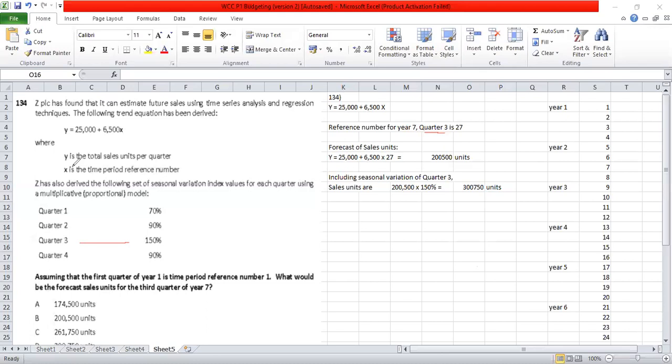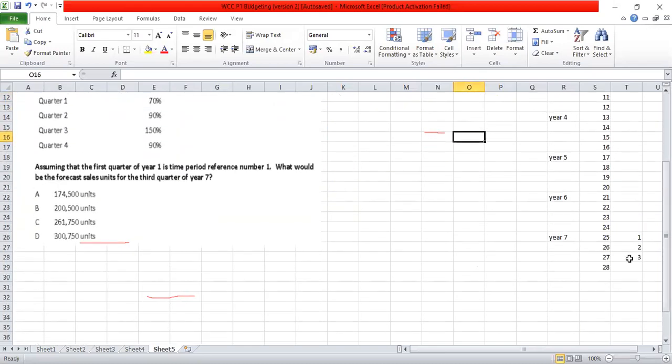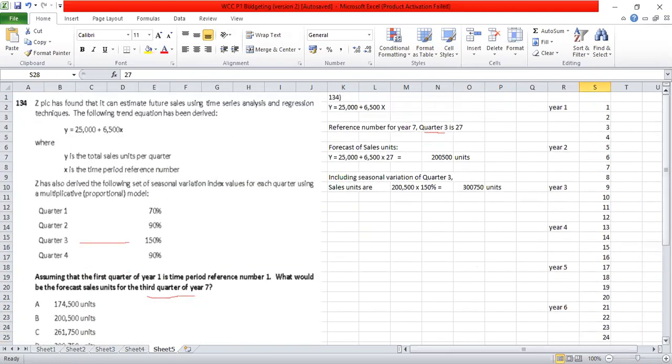Therefore, we give a reference number 1, 2, 3, and so on. So when we take it as 1, 2, 3, so on, we have to go until the 7th year, third quarter. Number them until 7th year, third quarter comes out to be 27. So just substitute 27 in place of x, as simple as that.